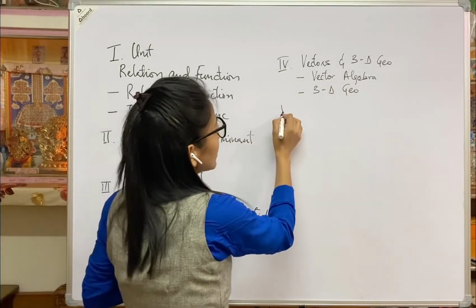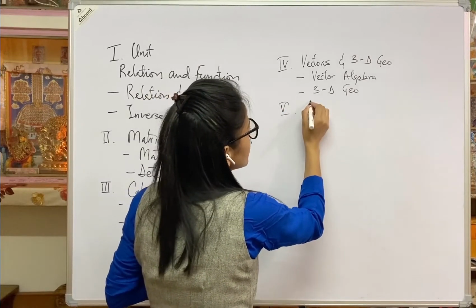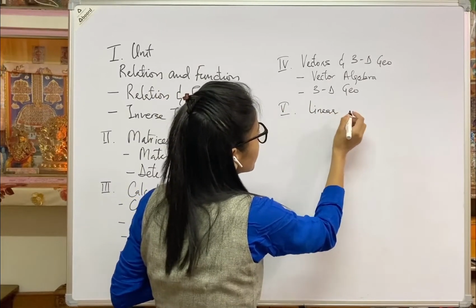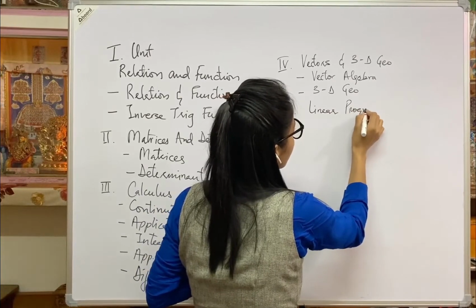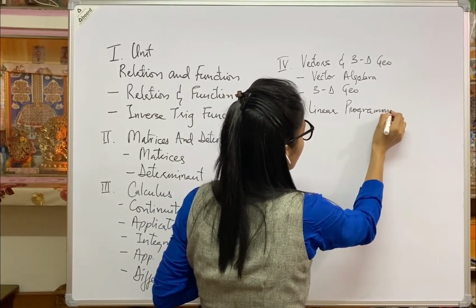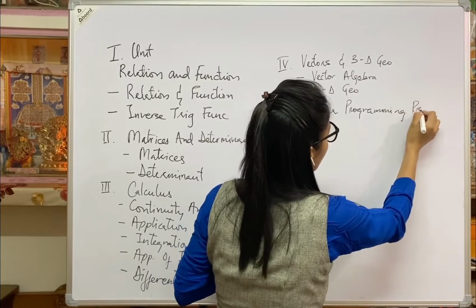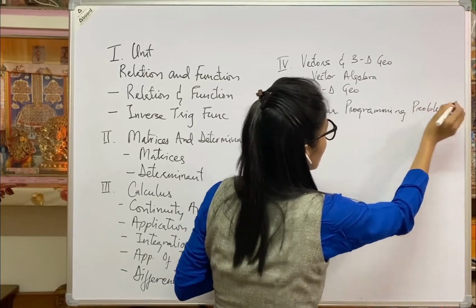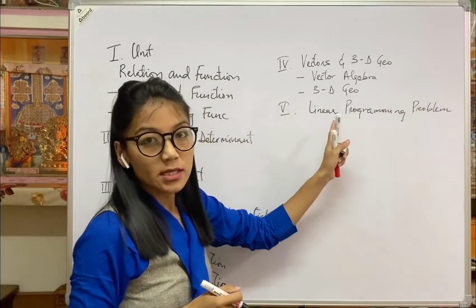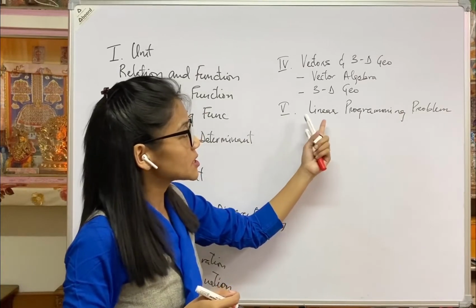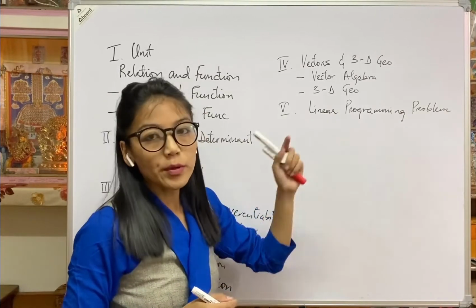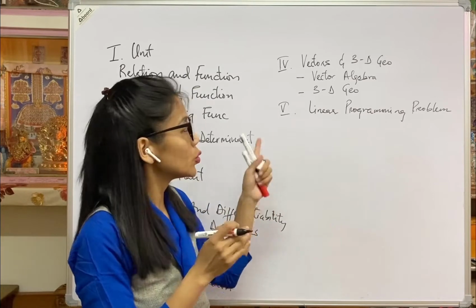Then we have the fifth unit, that is linear programming problem. The unit itself is a chapter, so this chapter is one whole unit.